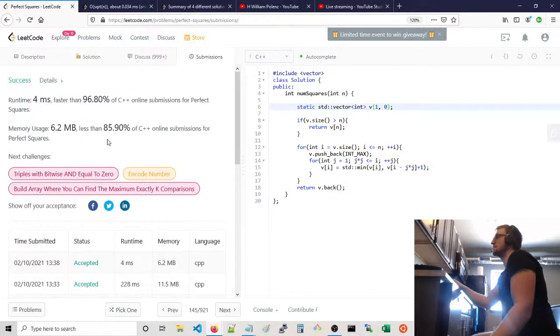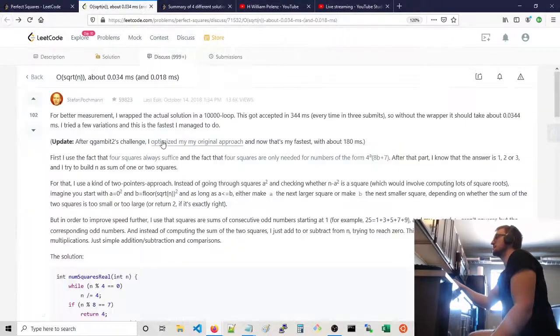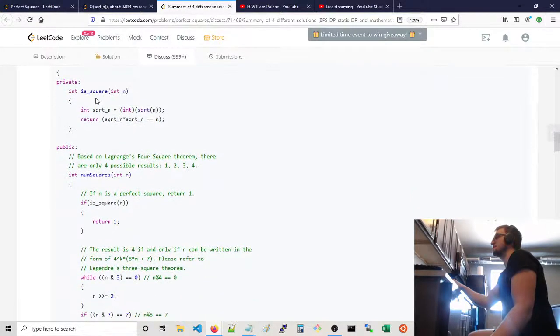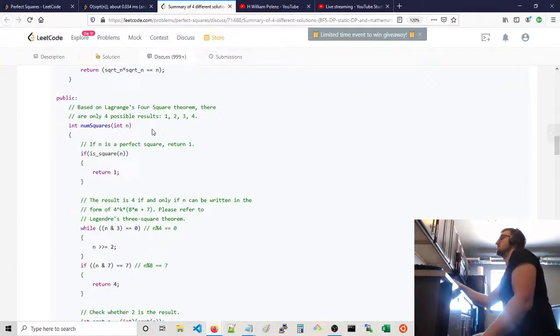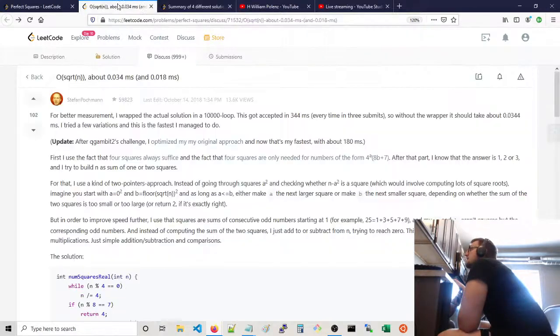So that's the fastest I got so far with the best memory usage so far. Let's see what the other solutions are. Mathematical solution, 4 milliseconds. Is square return, public based on Lagrange's four-square theorem? There are only 4 possible results for the number of squares. So what is that?